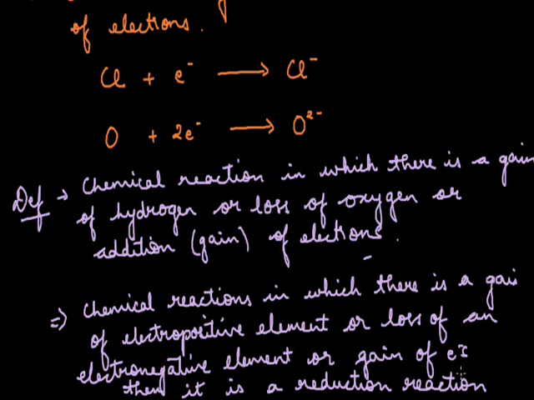So these are the two terms, oxidation and reduction. Now I am talking about the word redox. These two reactions occur simultaneously, and so the next type of chemical reaction that we have to study is the redox reaction. Oxidation and reduction reactions cannot occur alone; they will always occur together.